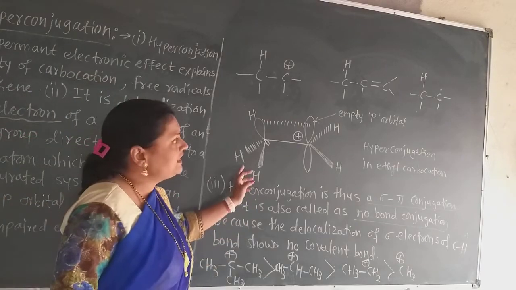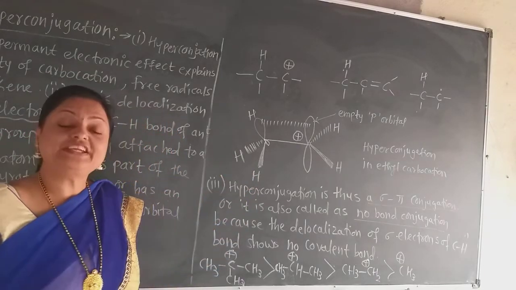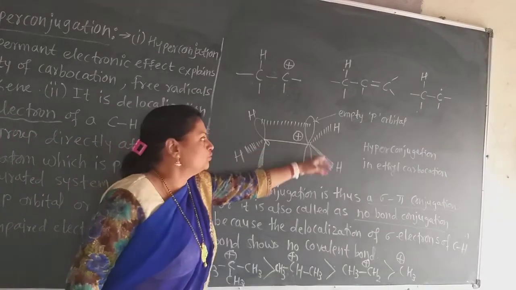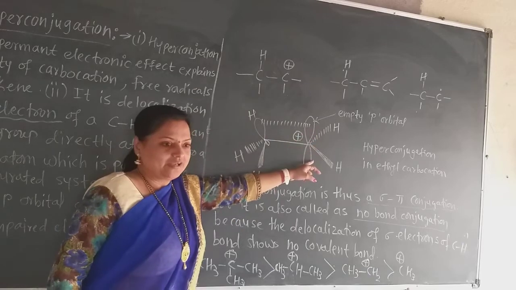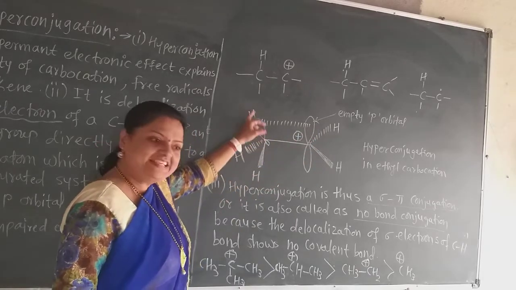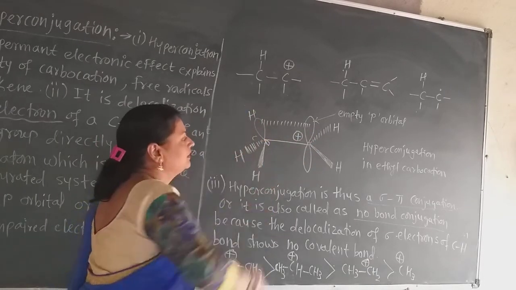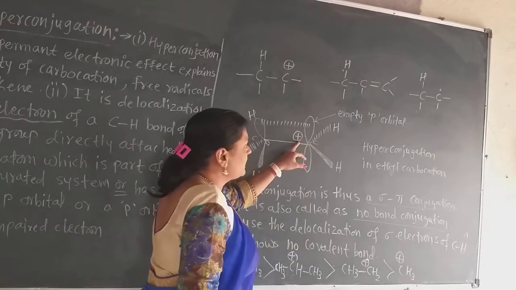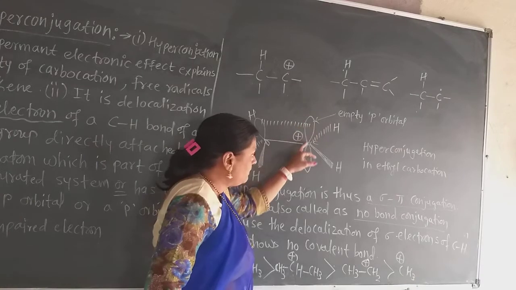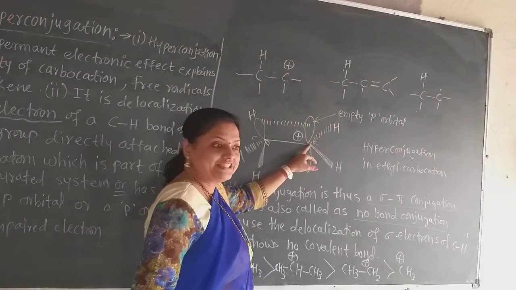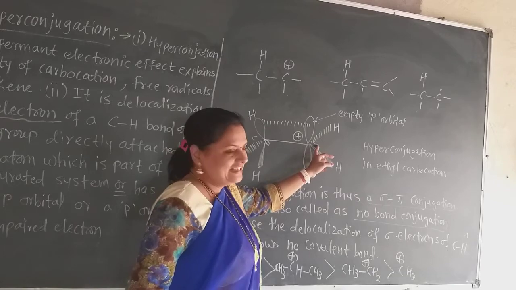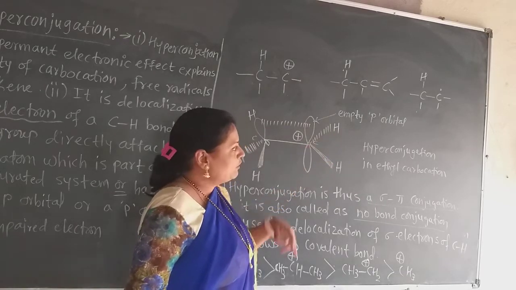Now I show here the hyperconjugation in the ethyl carbocation, CH3CH2. This is the ethyl group and in that this is the CH bond. Here is the carbon, and here is also a carbon. This carbon has a positive charge, that means the empty p orbital is there, perpendicular to the plane of this bond.